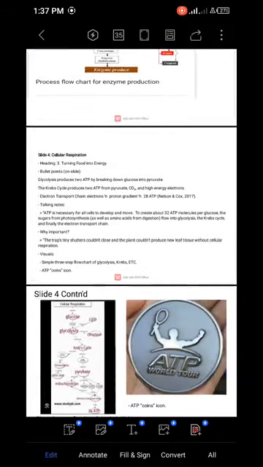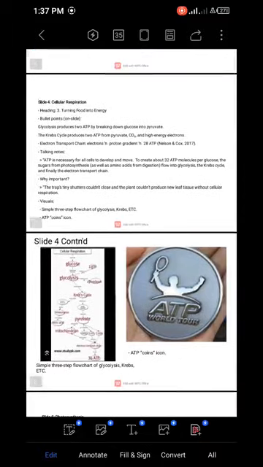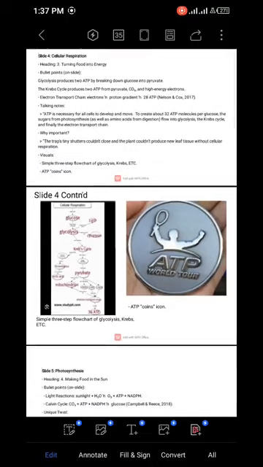Then we'll be talking about slide 4 now, which has to do with cellular respiration. We'll go directly to the talking note. ATP is necessary for all cells to develop and move. To create about 32 ATP molecules per glucose, the sugars from photosynthesis as well as amino acids from digestion flow into glycolysis, the Krebs cycle, and finally the electron transport chain.